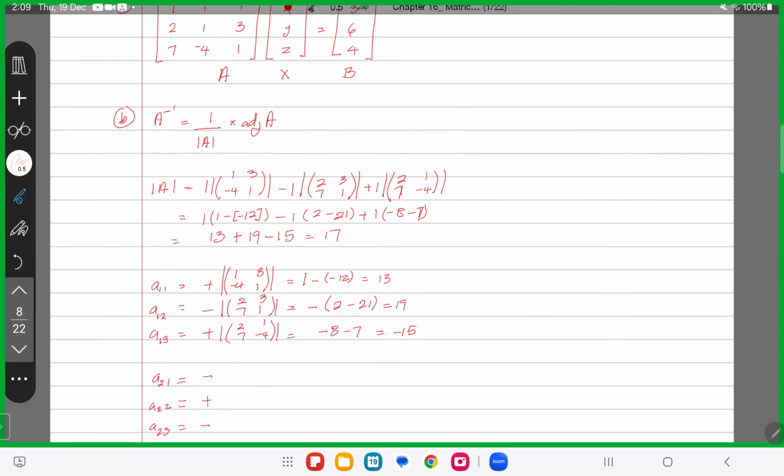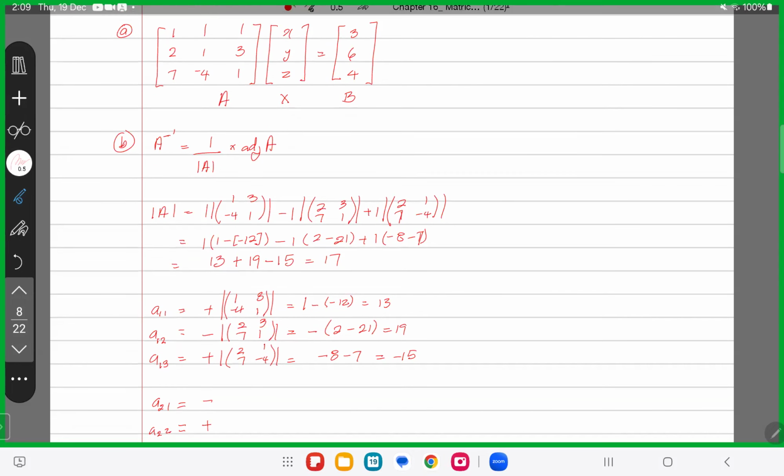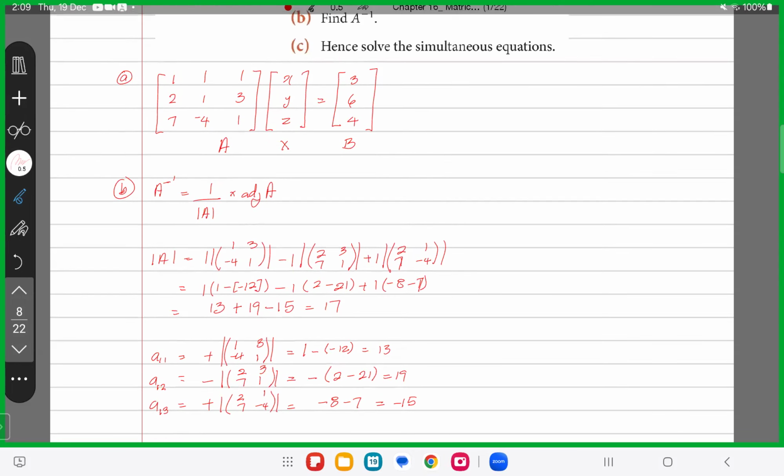All right, of course, for the second row, first element is here. We're going to block out the row and the column containing the element, so it's the second row and the first column. Block out those and find the determinant of the remaining matrix. That's how we get the cofactor element.